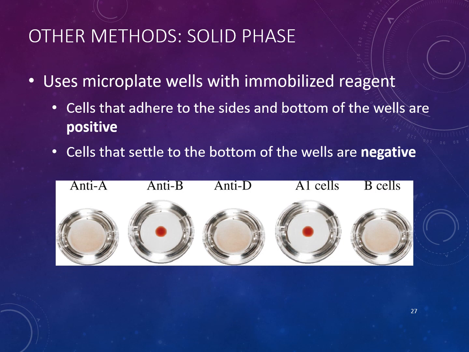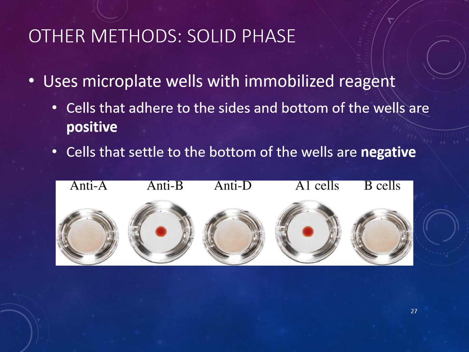Next we have solid phase. Solid phase uses those microplates as well. The only difference is that the reagent is coated inside of those wells. If a positive reaction takes place, the antigen-antibody reaction takes place on the sides and the bottom of those wells.